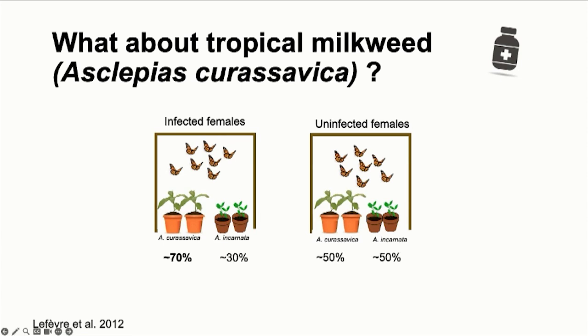The infected females laid 70% of their eggs on this curassavica plant, compared to uninfected females that kind of split their eggs 50-50, halfway. So it appears that there is a recognition by the infected female that there could be some benefit for her offspring to use this slightly more toxic milkweed so that their offspring do better, that the next generation isn't as impacted by the parasite.